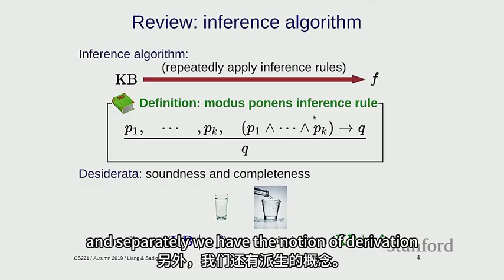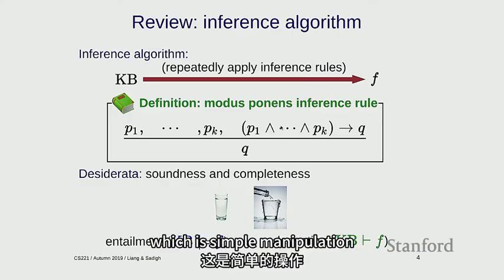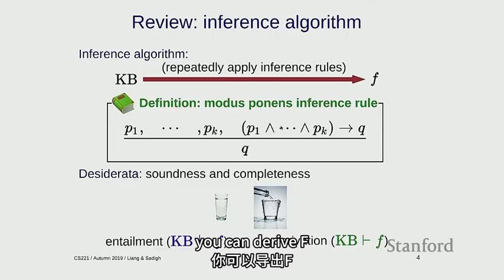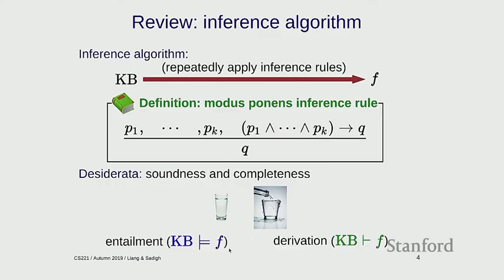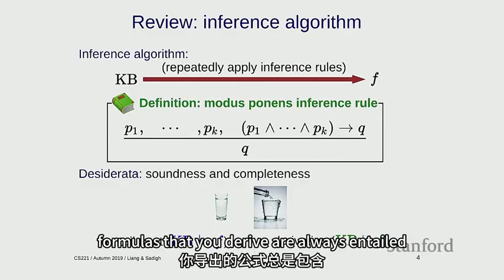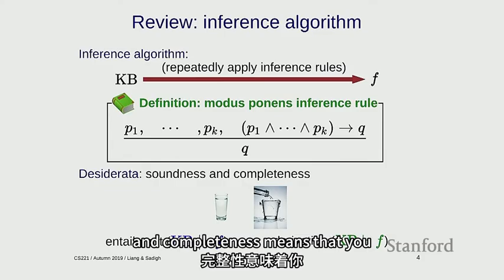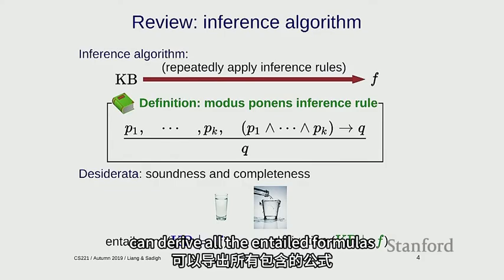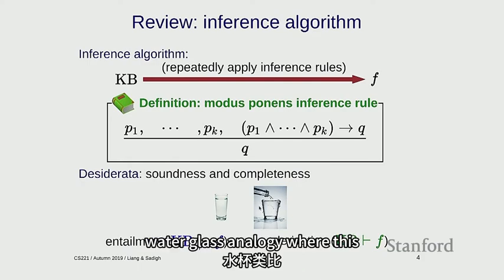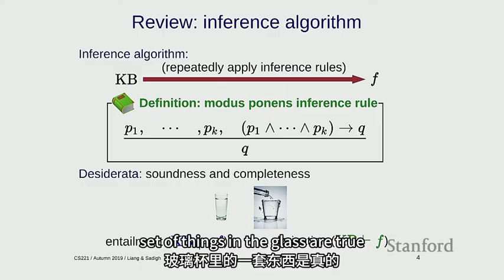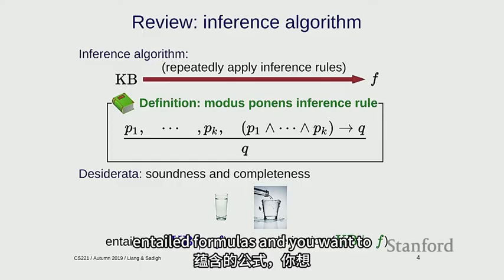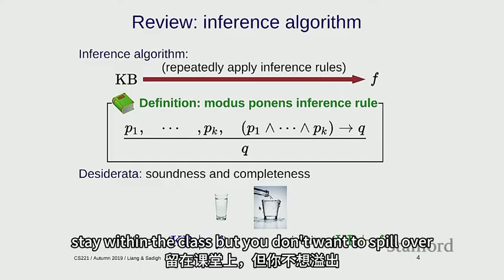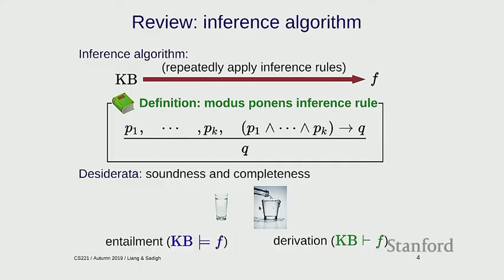And separately, we have the notion of derivation, which is symbol manipulation. You can derive F given a set of inference rules from KB. Soundness means that the set of formulas that you derive are always entailed. And completeness means that you can derive all the entailed formulas. So remember this water glass analogy, where this set of things in the glass are true entailed formulas, and you want to stay within the glass, but you don't want to spill over.